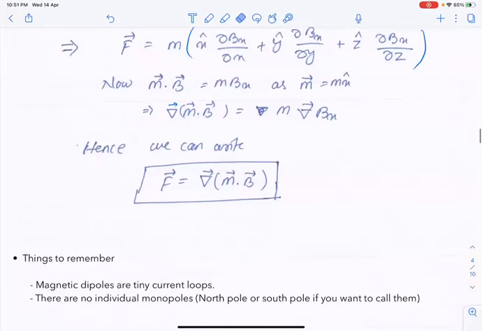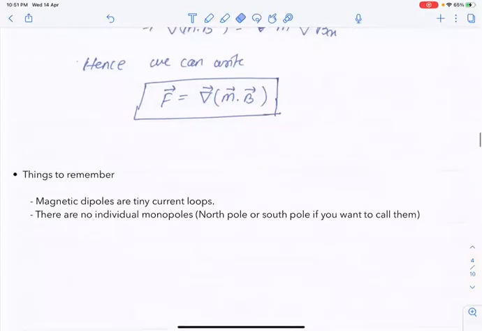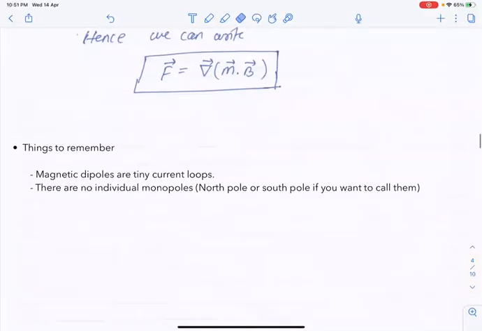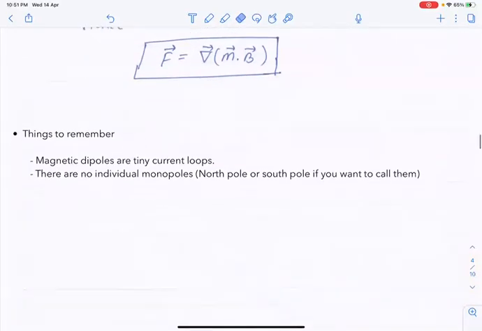Now before I end the discussion on these dipoles and paramagnetism, I would urge you to remember a few things, because there is a natural tendency to compare this dipole with the electric dipole.